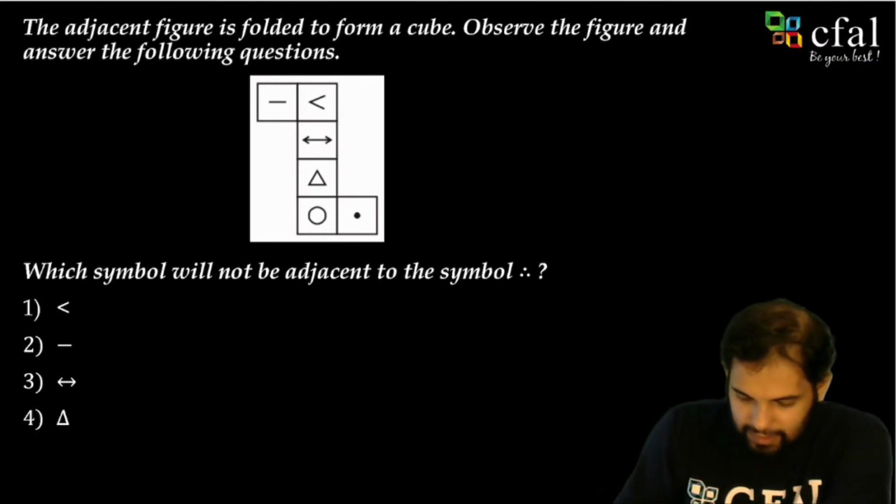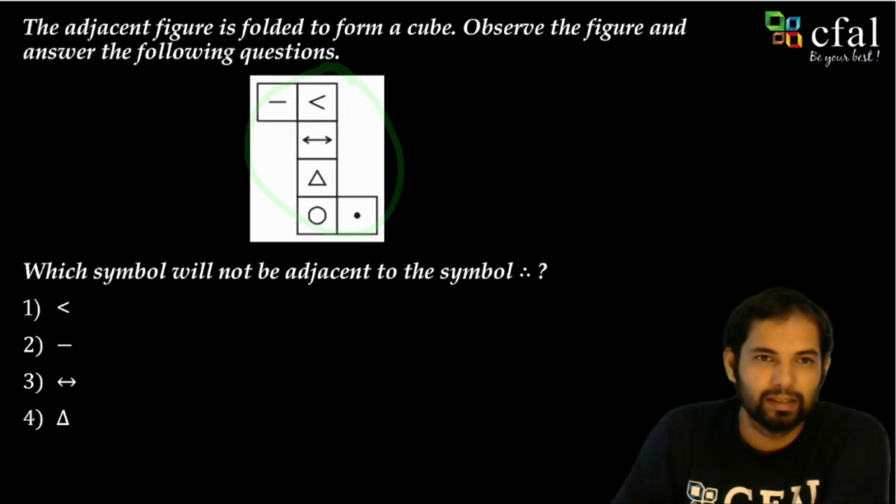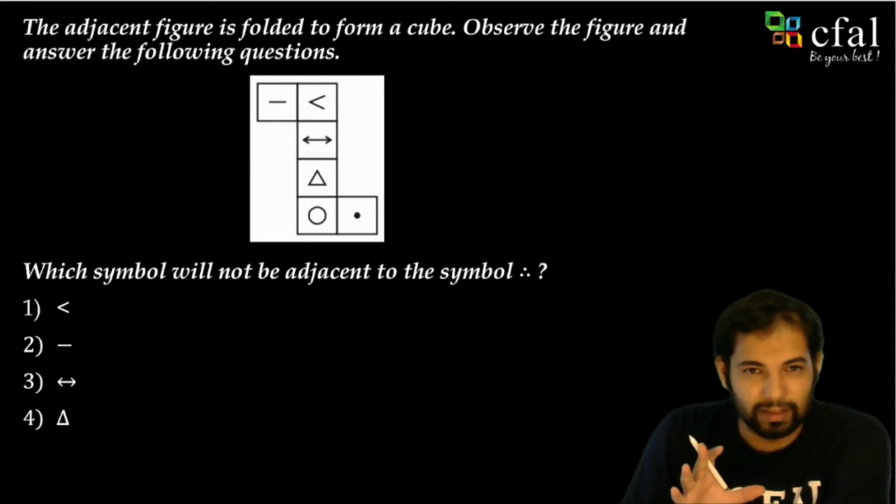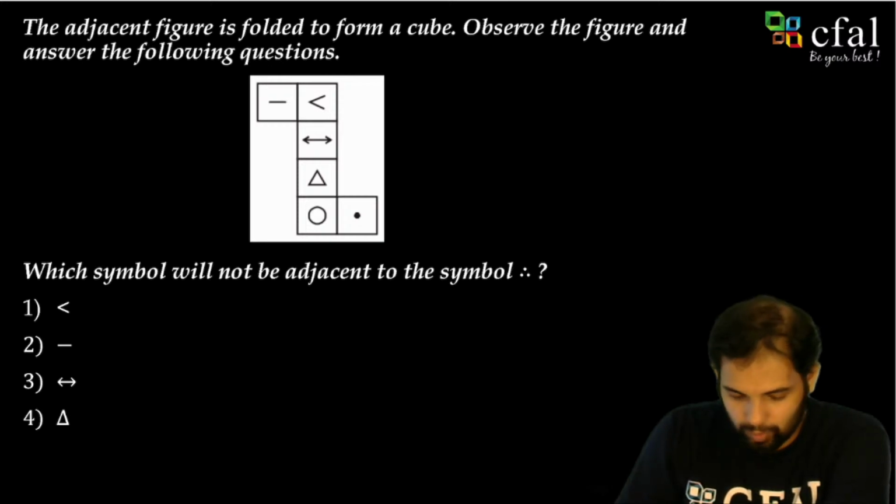For those attempting this for the first time, you can see that it's given as a cube. A cube has 6 faces, and there are 6 faces here. Somehow I have to make this into a cube. Do not worry, there's only one way to make it into a cube.